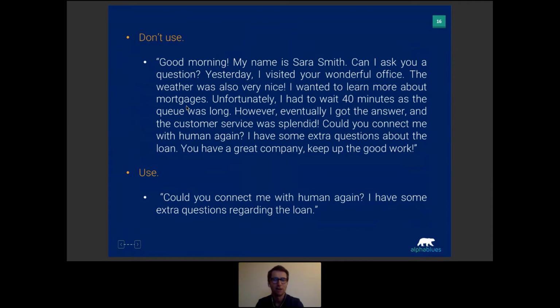So why is this not a good phrase to include? Well, one, it's super long. And the trouble with long things is that they have multiple intents in them. First, it has good morning. That's a greeting. Then it has a name. Okay, maybe that's important in authentication. Then it has visited the office. Then it talks about weather. Then wanting to learn about mortgages. But then it had to wait.